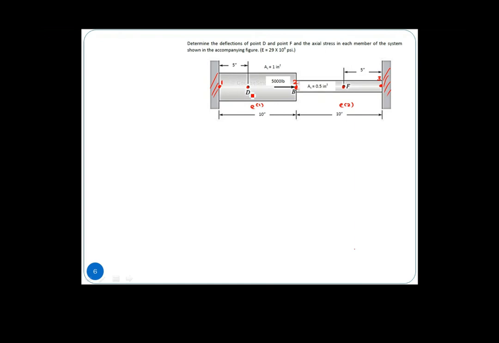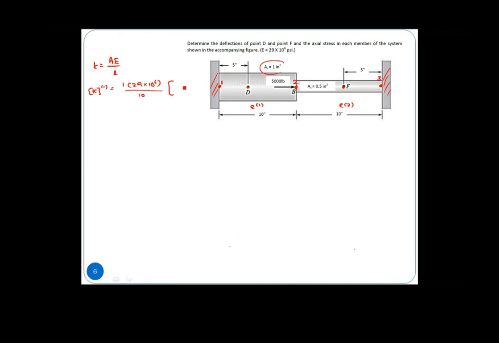All right, so again this is K. We know that under axial it is AE over L. So first K1 for element 1: A will be 1, then E is given as 29 times 10 power 6, divided by L, which is 10 inch.